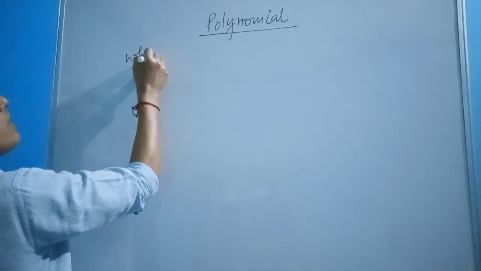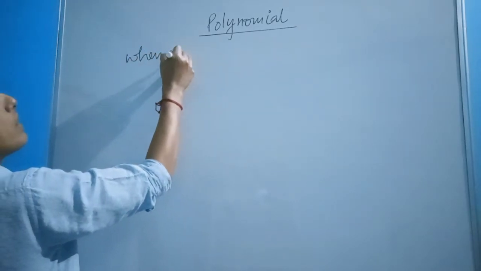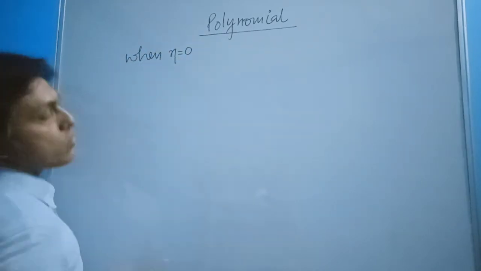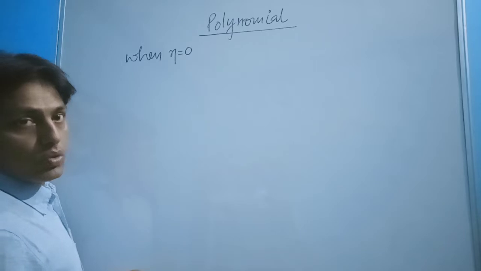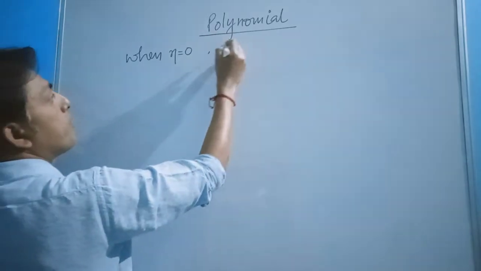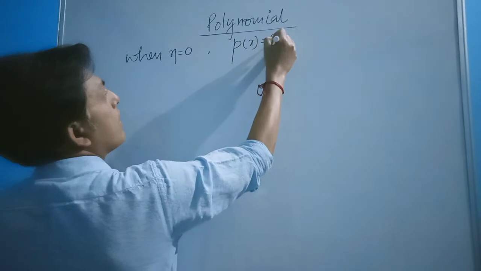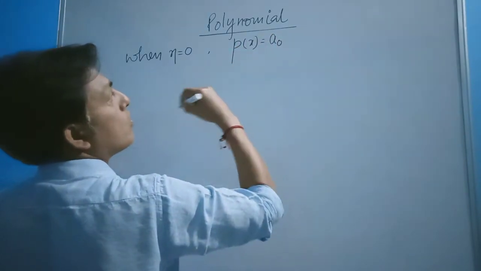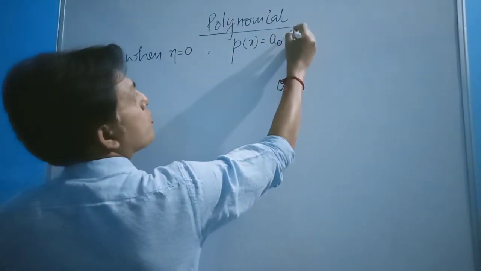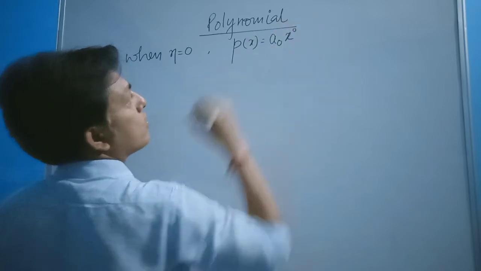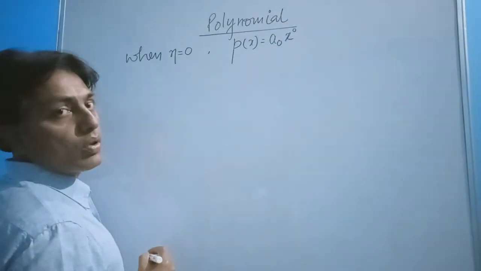See, when n is equal to 0, the polynomial will be A0 x to the power 0. Correct?